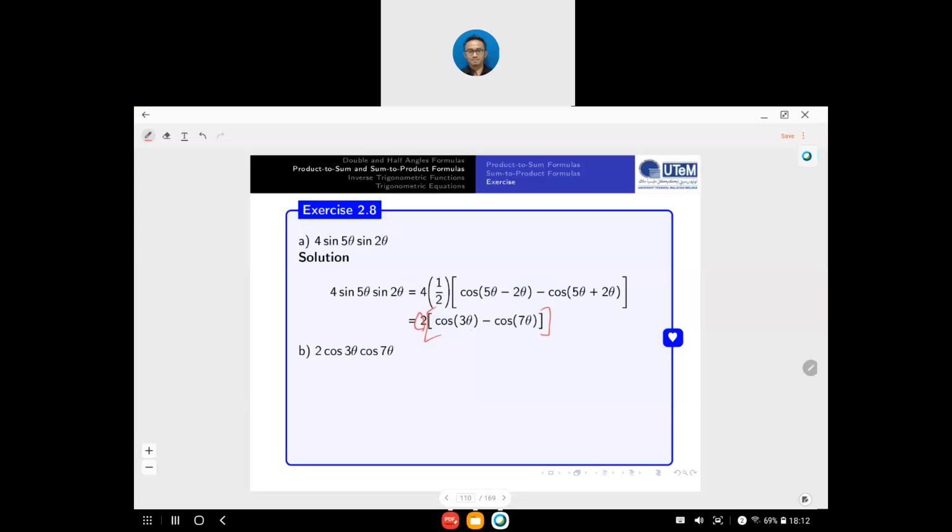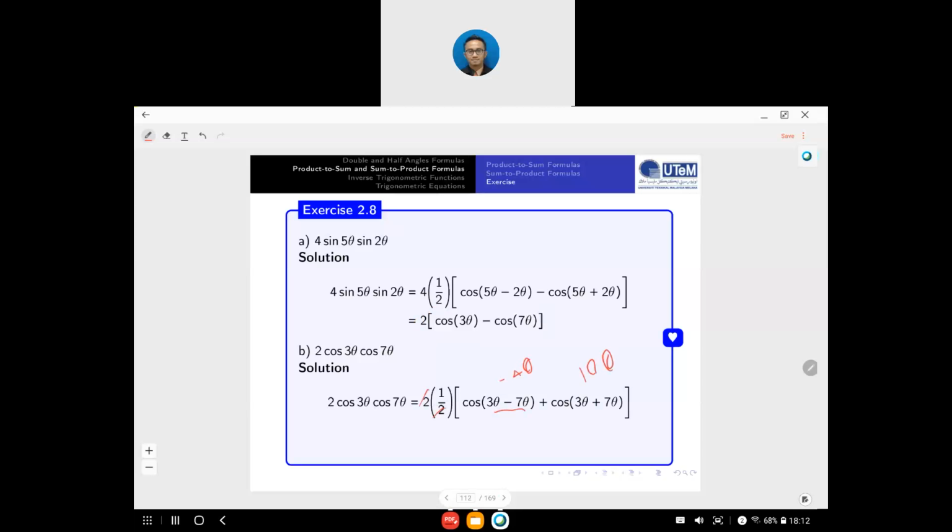Okay, for the second one, 2 cos 3 theta cos 7 theta. So this one also same thing by using product to sum. So this one you can simplify. It becomes 1 and this one becomes negative 4 theta and then this one becomes 10 theta.